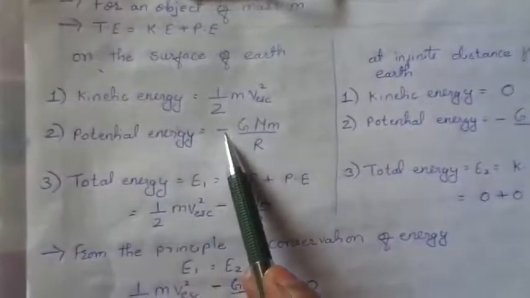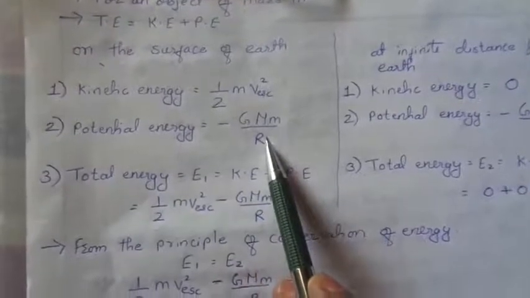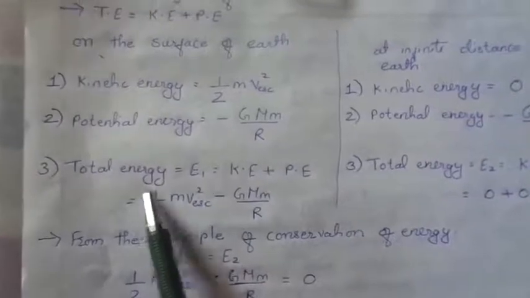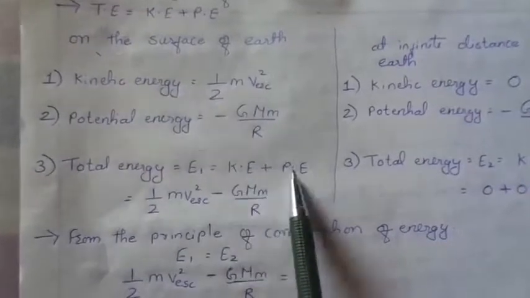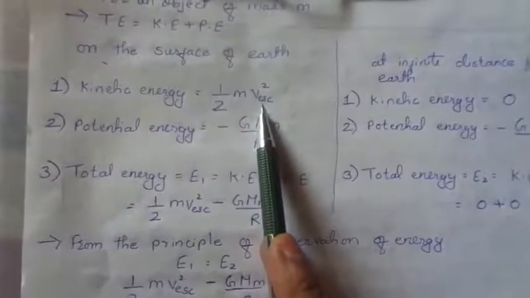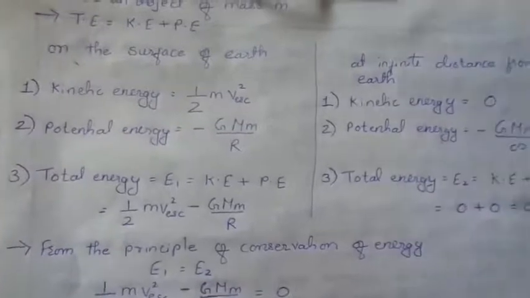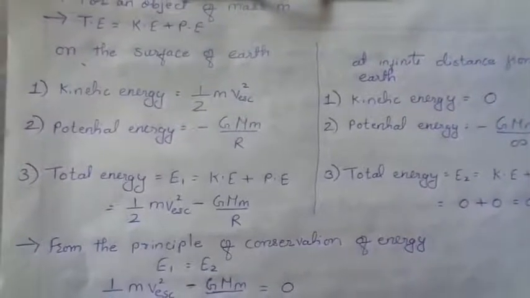Potential energy is minus GMm upon R, which we have studied. So the total energy is kinetic energy plus potential energy, just add. Here we have taken v as v escape because we are going to derive the formula for the escape velocity.